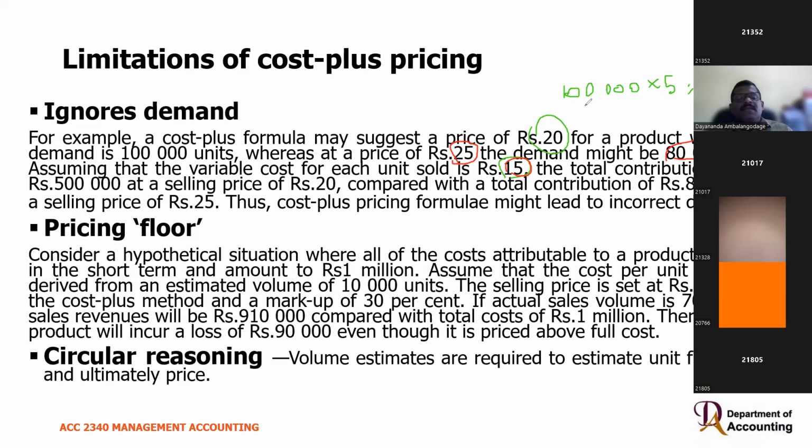So here you multiply 80 units by 10 rupees. Then your profit is not 500, your profit is how much? 800 at the higher selling price. Thus the cost plus pricing formula might lead to incorrect decisions.